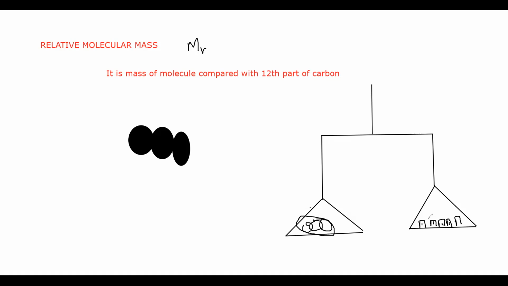So 5 units of carbon are balancing this molecule. What is the relative molecular mass? So relative molecular mass is equal to 5. Is it clear? Because the mass of each unit of carbon is 1.